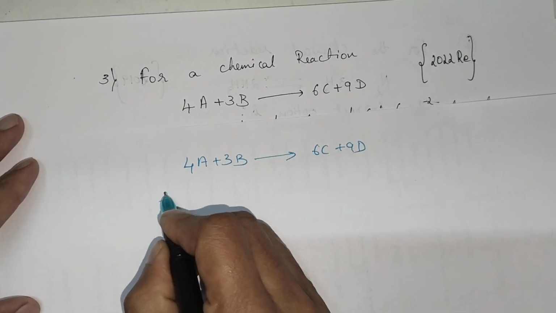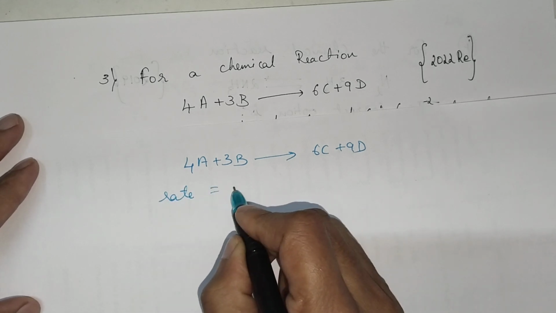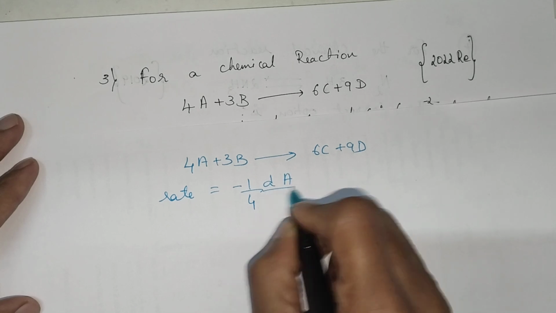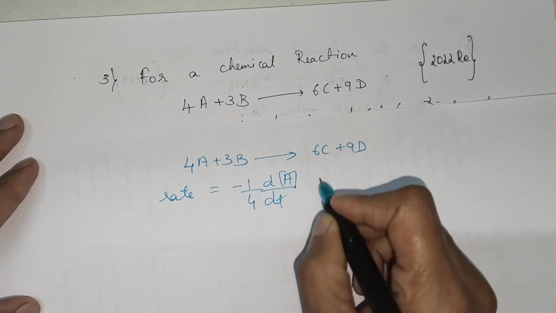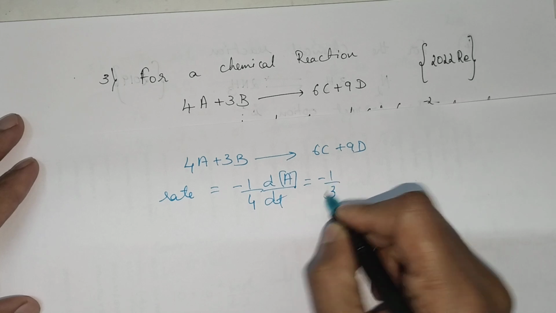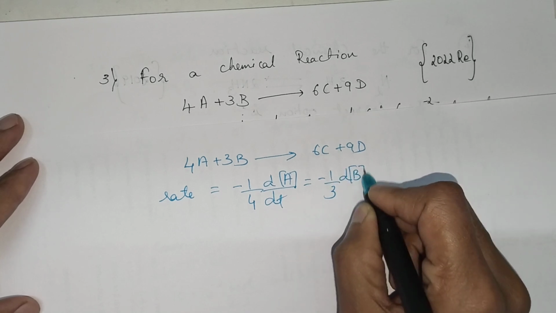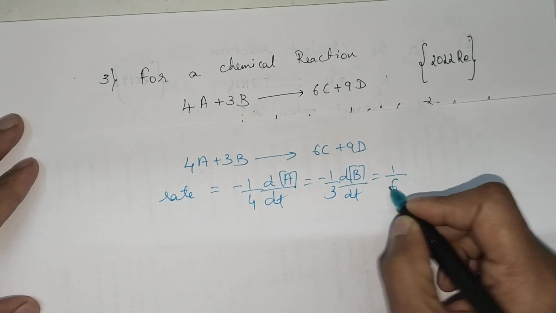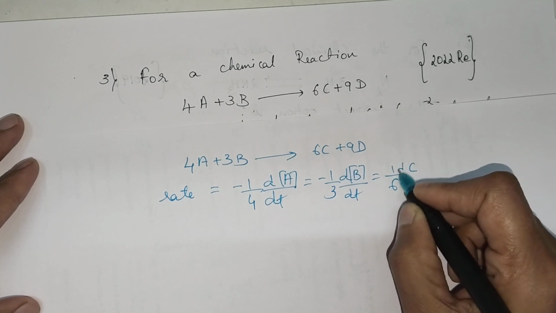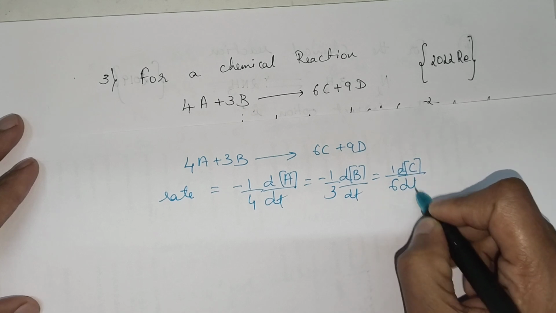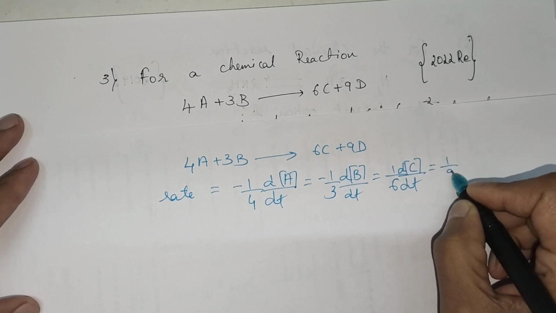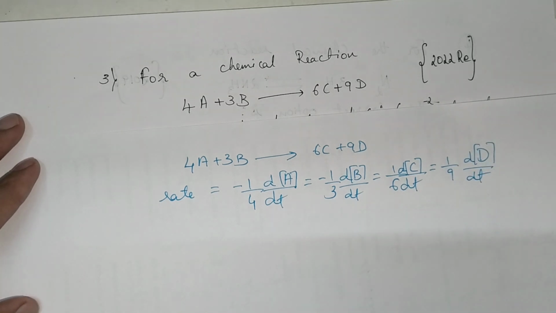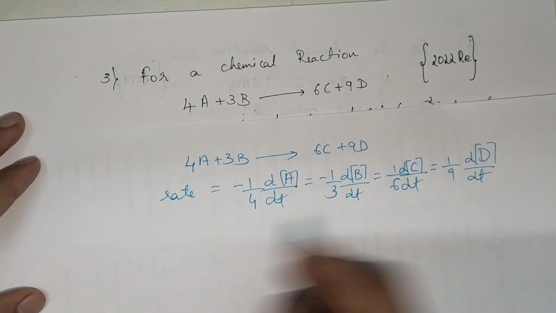For this, the rate of the reaction can be written as minus 1 by 4 dA by dt, which is equal to minus 1 by 3 dB by dt, which is equal to 1 by 6 dC by dt, and which is equal to 1 by 9 dD by dt. We don't need every term.